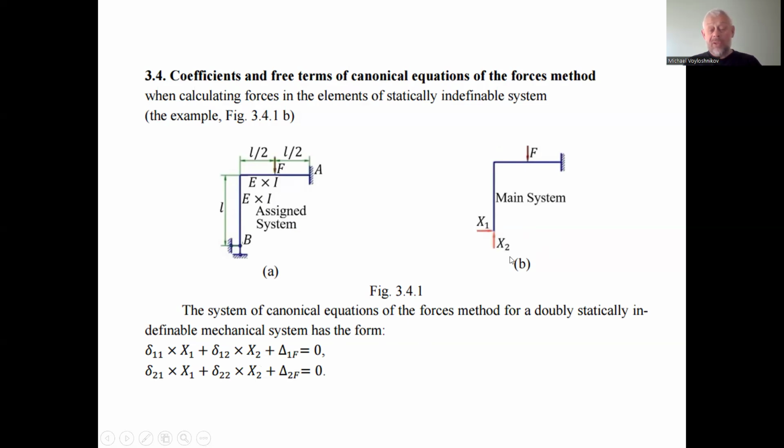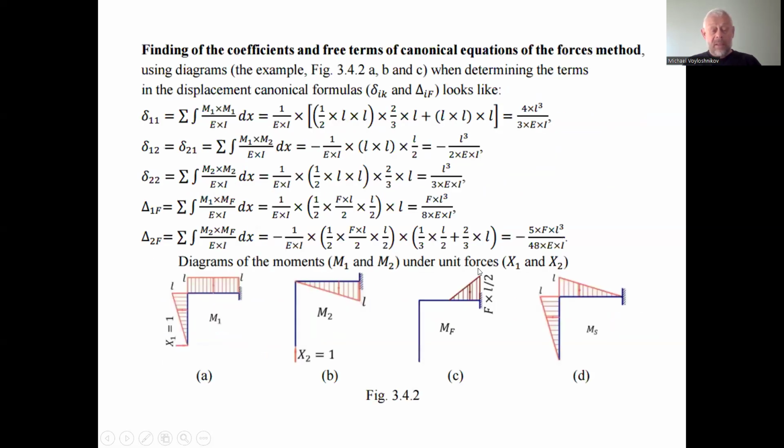These x1, x2 are not unit forces; we have to find just the factors in the canonical equations. We assume the factors are factors of proportionality of displacement and force, displacement under the influence of unit force. And for the second direction, we have to find the displacement delta 2F under the influence of the external load F.